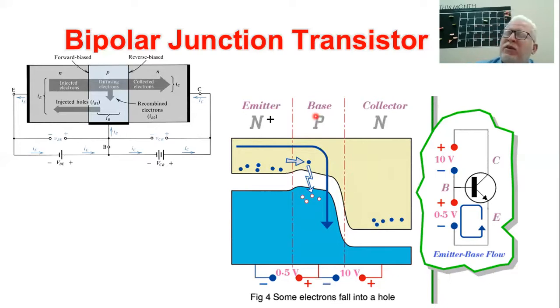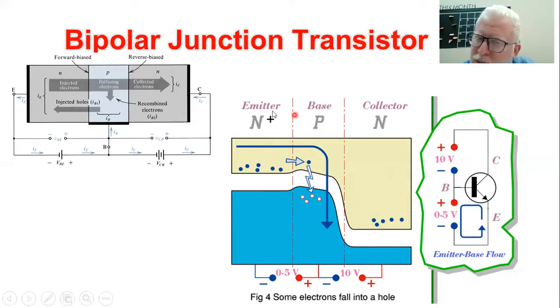So what is the impact of having a highly doped emitter region? It's very simple. A highly doped emitter region includes a very large number of electrons. So if you have recombination here, it will affect a smaller fraction. For example, say I have 10,000 electrons here and 10 holes in the base.